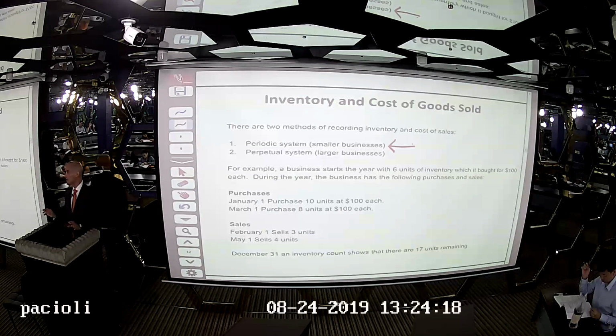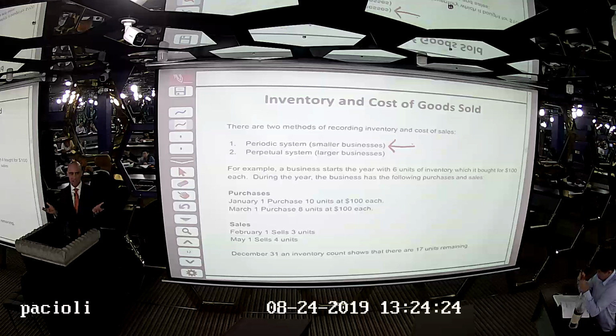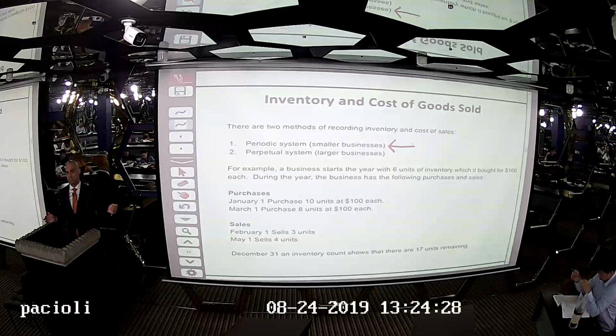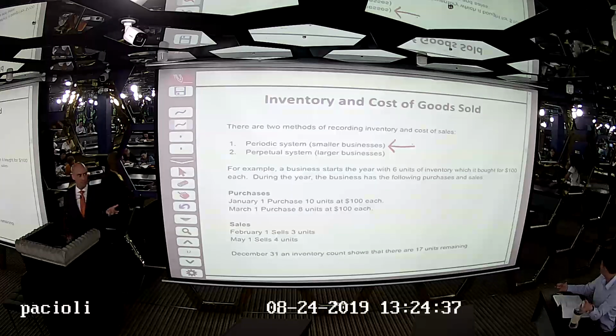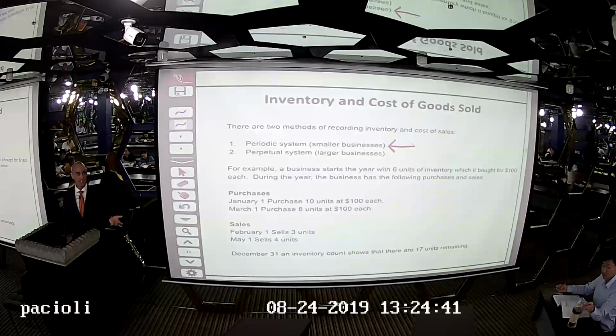So you're going to have a periodic inventory on your exam. Periodic inventory means that you calculate the cost of goods sold at the end of the period. The period is a month or a year. So in the periodic system of inventory, you find the cost of goods sold at the end of the month or the end of the year.